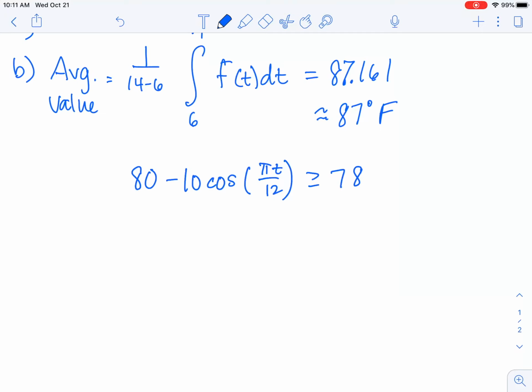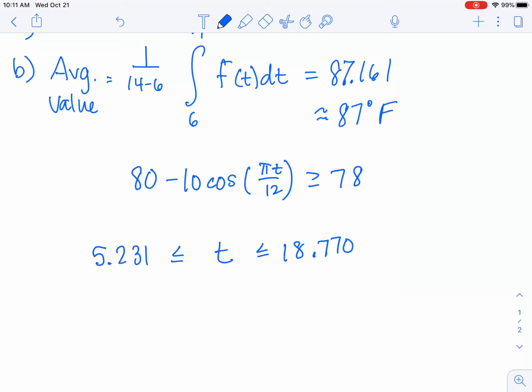Well, when you solve this, you get two values, so t has to be in between these two values. And again, you're using your calculator: 5.231 or 18.770, and those were hours.